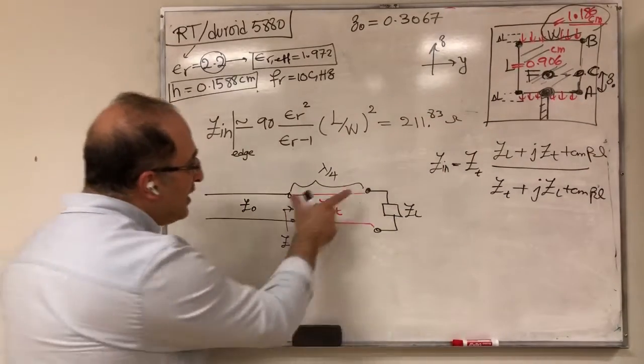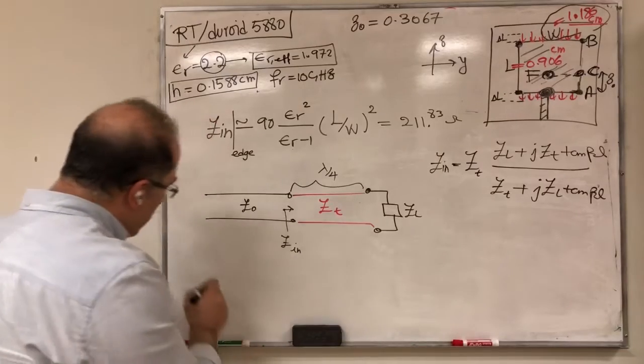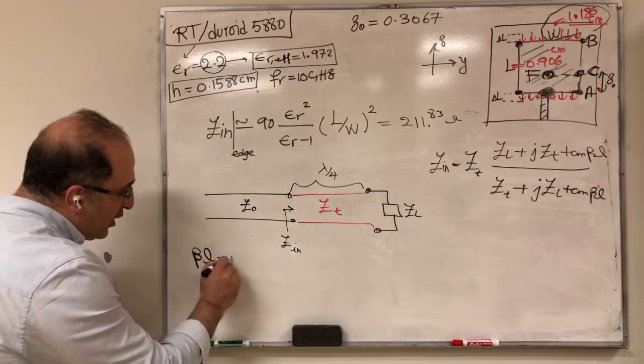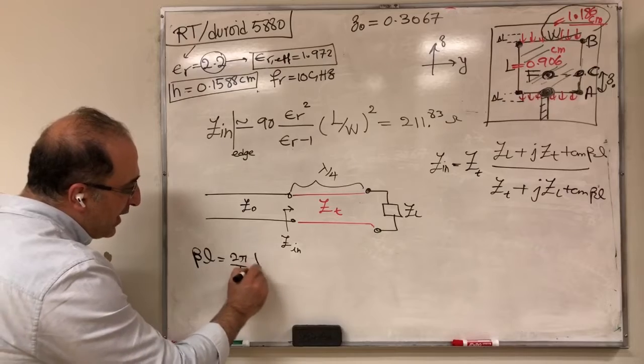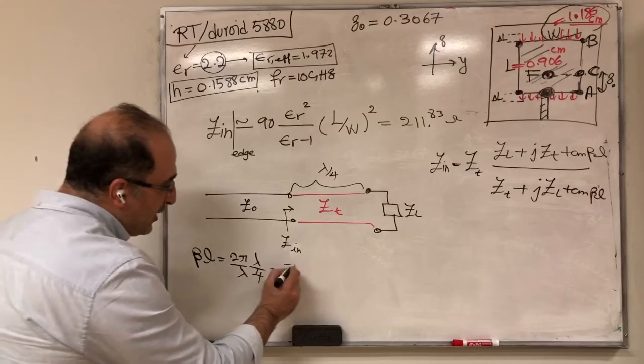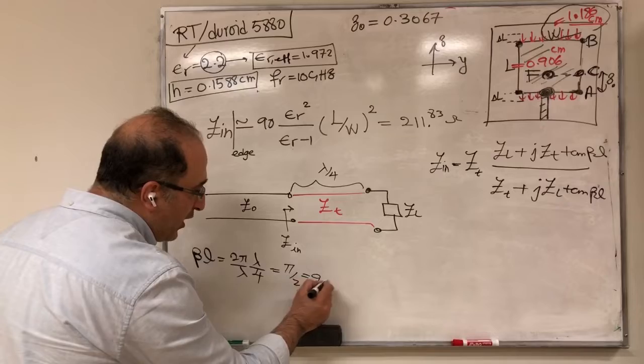But now remember, the length is lambda divided by 4, so beta L becomes 2 pi over lambda times L, where L is lambda divided by 4, so you get pi divided by 2, or 90 degrees.